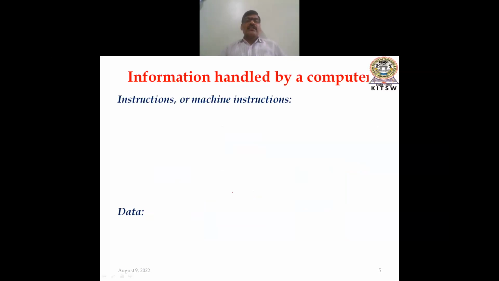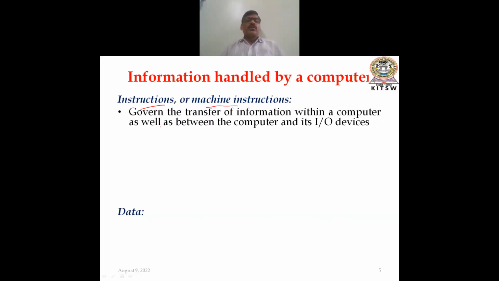So what information is handled by the computer? Generally, the computer handles instructions, which are also called machine instructions. These machine instructions are used to transfer data or information between different components of a computer and its IO devices.